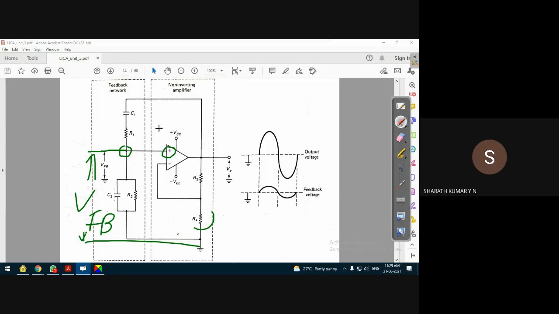Of course, there's a differential amplifier, no doubt, but since the feedback is given to the non-inverting input terminal, this stage is called a non-inverting amplifier. There is the op amp stage, and this stage, which is the combination of resistor and capacitor, is called the feedback circuit or feedback network.